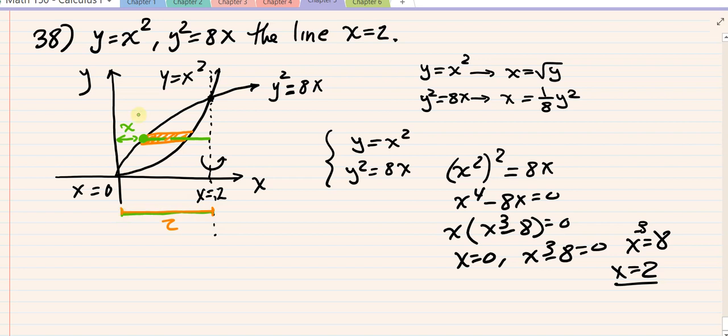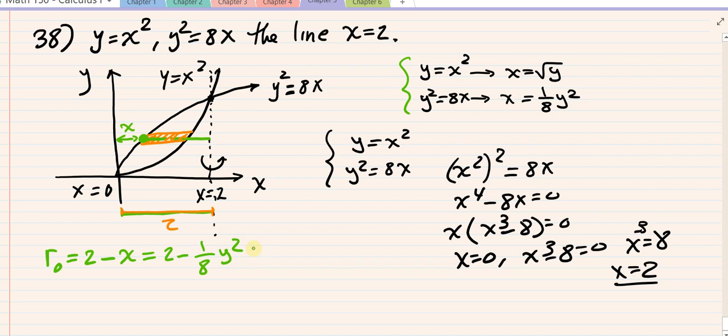So we can determine the distance to the axis of rotation. Therefore the outside is going to be 2 minus x, but x for the sideways parabola, and I found those here, x is 1/8 y squared. So that's 2 minus 1/8 y squared. That's going to be the outside radius.